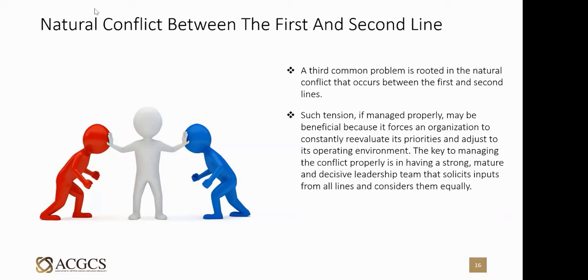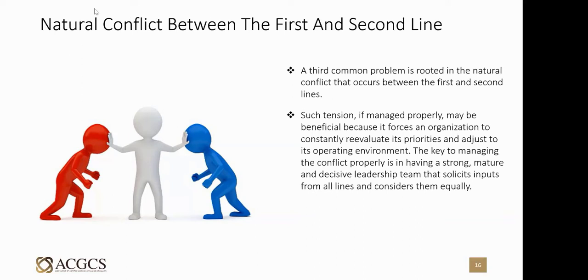But it happens from time to time. And one of the things that I've noticed that creates best practices or de-escalates this natural friction is continuous monitoring and having an open channel of communication.